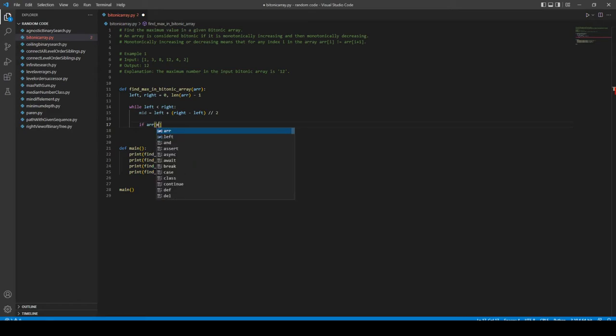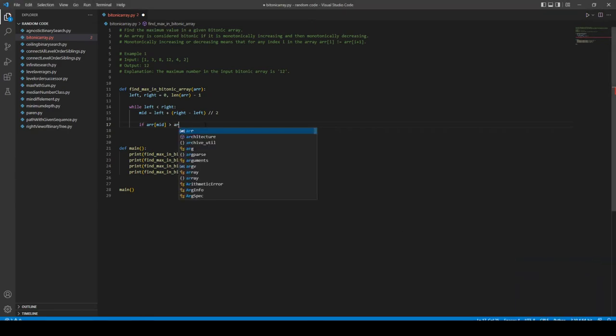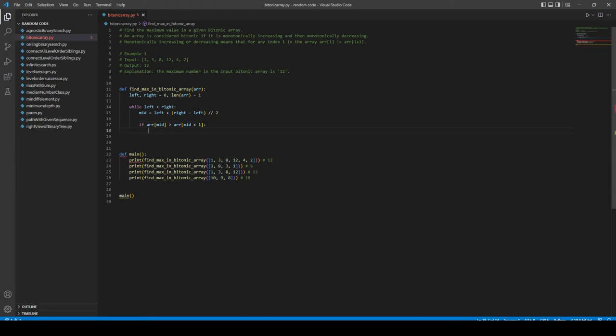If array mid is greater than array mid plus 1, that means we're in the monotonically decreasing part of the array. And if we're there, we want to go to the left because we want to find the largest value.